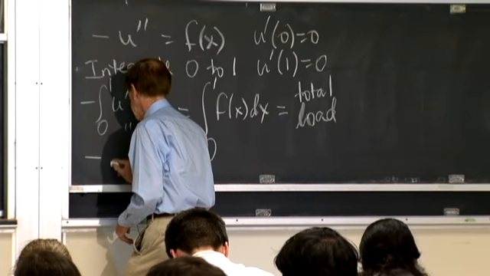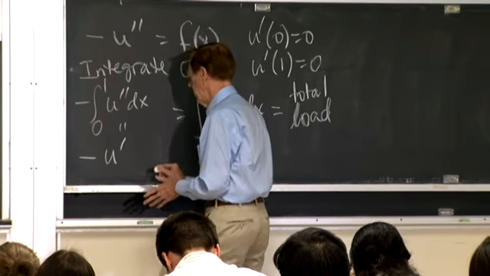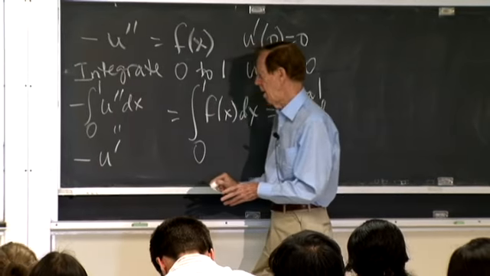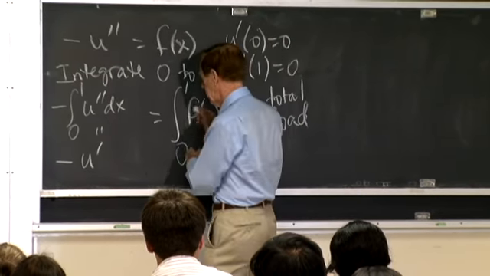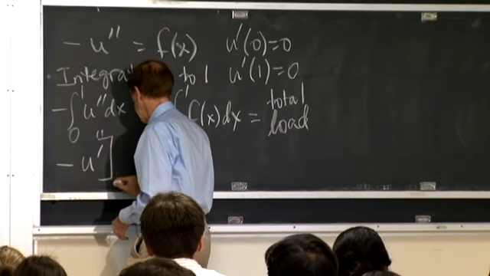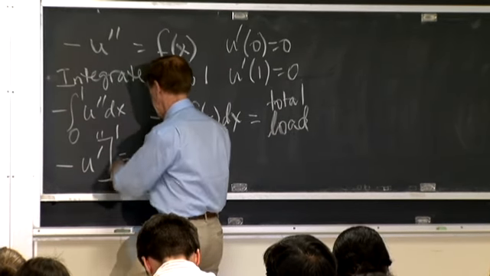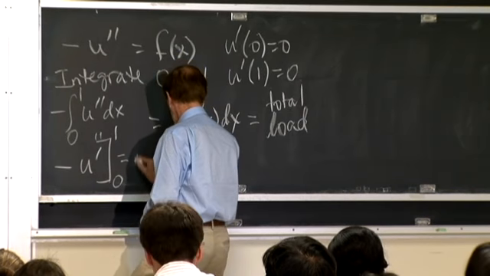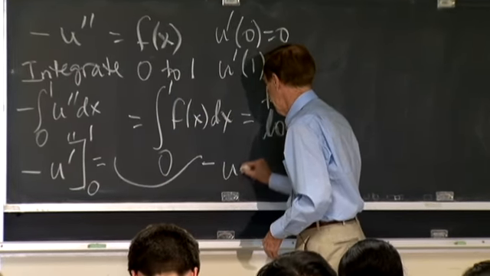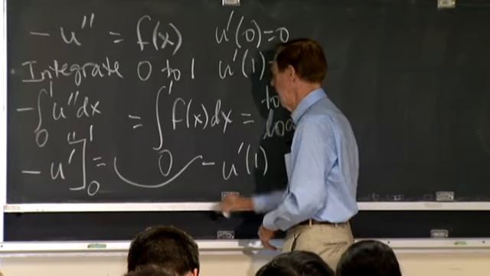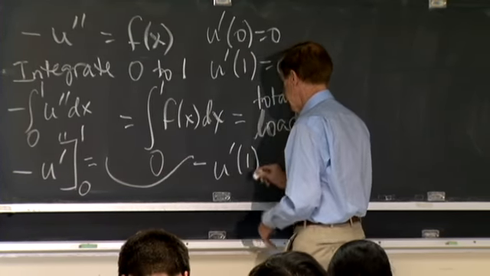So it's minus the first derivative. And what do I do now? I plug in the endpoints, right? I'm integrating 0 to 1. So what is that? That's minus the derivative at 1 plus the derivative at 0.